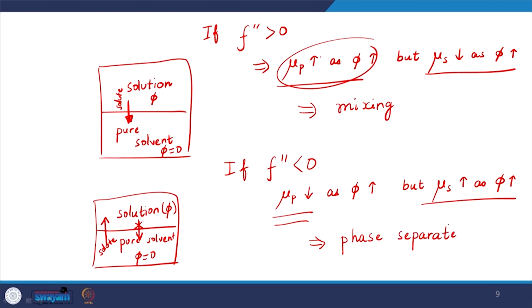The key point I wanted to emphasize is that the tendency of mixing and phase separation can also be described in terms of osmotic pressure and chemical potential, but since they can be written as a function of the Helmholtz free energy density, we do not have to consider them independently.